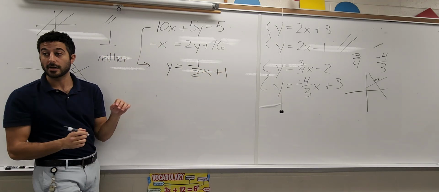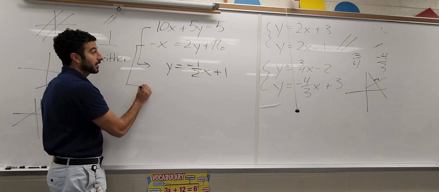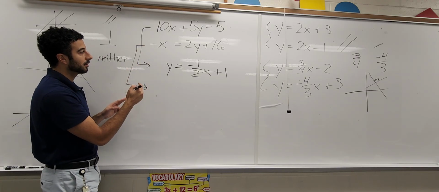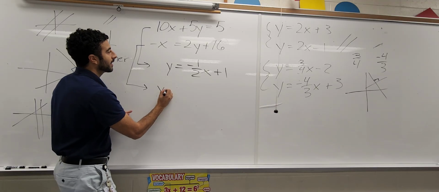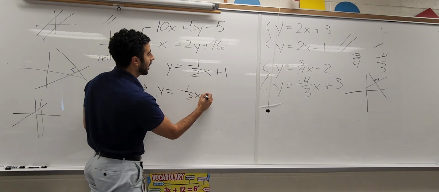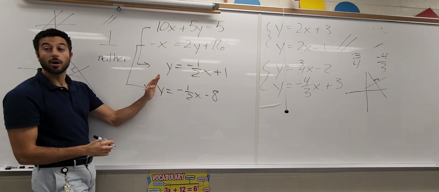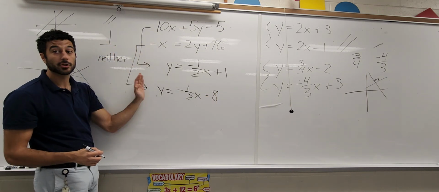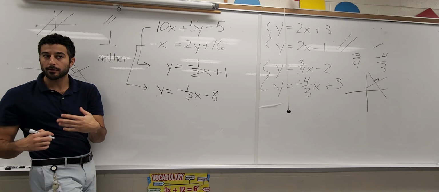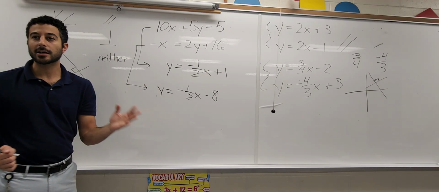That's my first equation. My second one is y equals negative 1/2 x minus 8. So what do we think now that both are in slope-intercept form? Is it parallel, perpendicular, or neither? Parallel. Okay, that's how you do the last 4 problems.